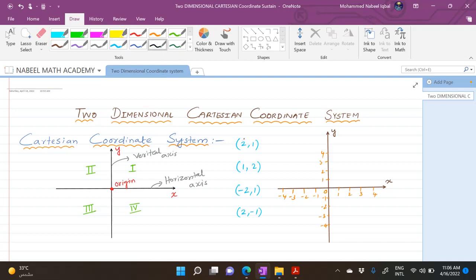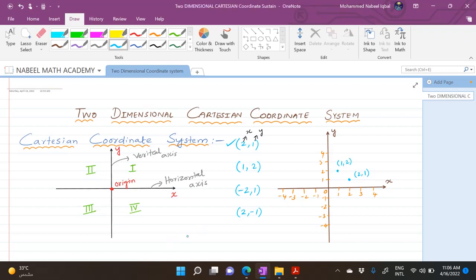The first value indicates the x value, the x coordinate. This is the y value. So now we have x equals 2, y equals 1. So this is my point (2, 1). The next one, x equals 1, y equals 2. This is (1, 2).